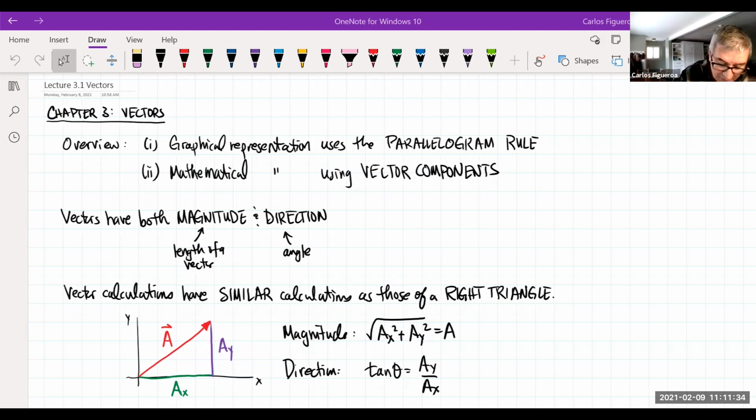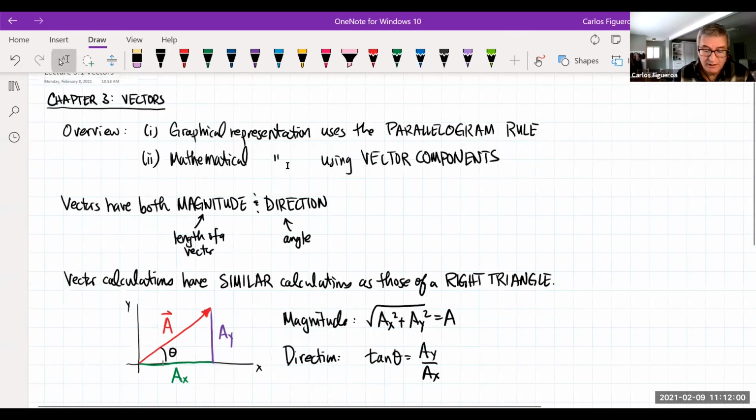The length of this would be this, and then the angle, which we typically use the tangent of theta for, though we don't have to, is typically measured from the x-axis. All of our typical calculations are for the x and y part of a motion. So this is just for 2 dimensions.